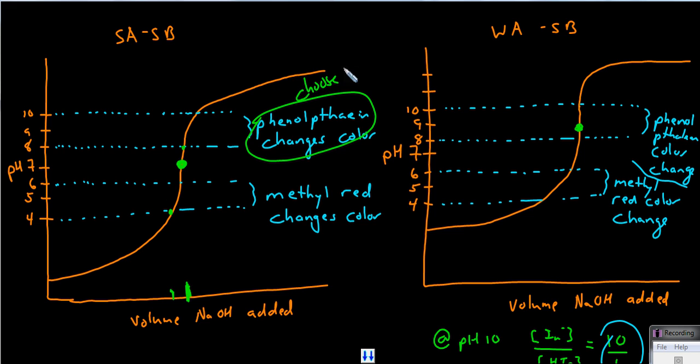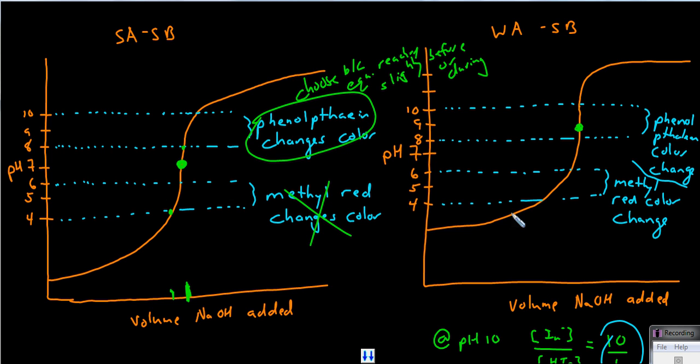Choose phenolphthalein because the equivalence point is reached slightly before the color change occurs, or during the color change. Do not choose an indicator which changes color significantly before you've reached the equivalence point. You can see a significant difference in the volume of sodium hydroxide added.